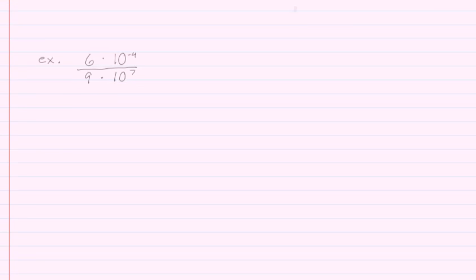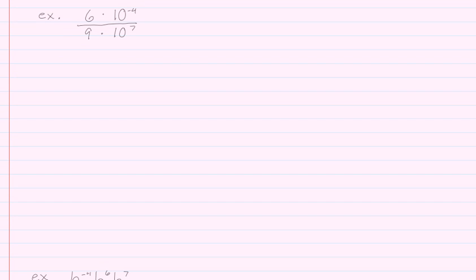Carrying on to another example, so instead of multiplying here, I'm going to divide. So I'm going to break this into two pieces. So I'm going to break it into 6 over 9, which I know that reduces to 2 over 3. That step is not necessarily important. And then I have 10 to the negative 4th over 10 to the 7th, and then I multiply those across.